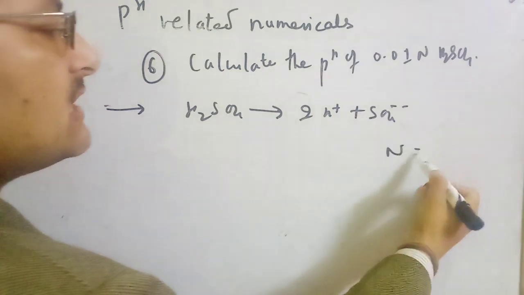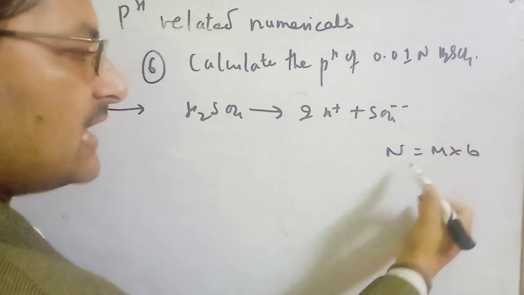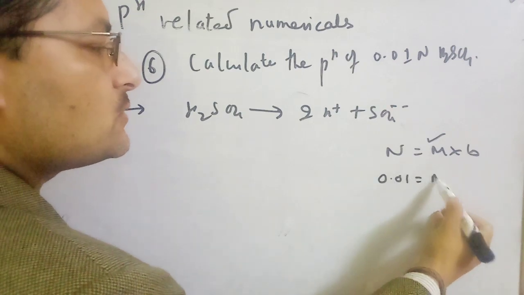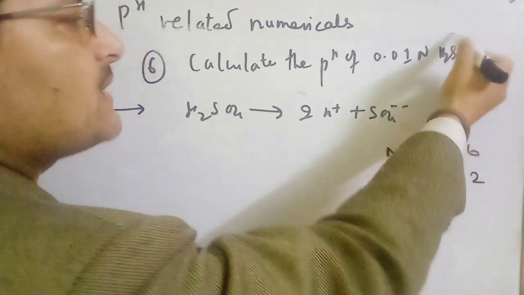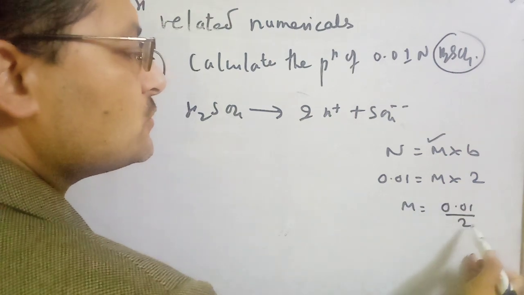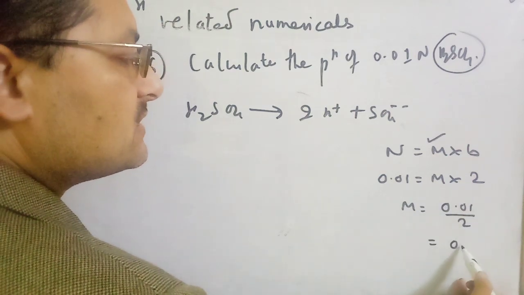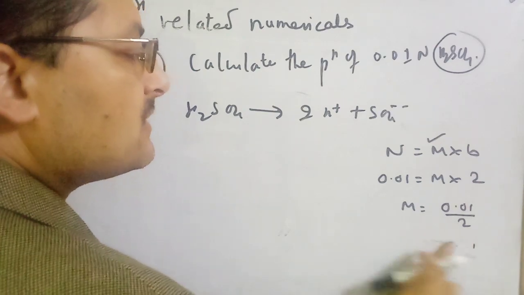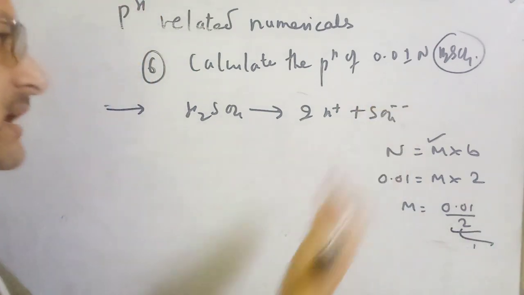So we have normality equals molarity into basicity, and we want to get molarity here. Normality is 0.01 equals molarity into basicity, which is 2 in case of H2SO4. So molarity equals 0.01 divided by 2, that is 0.005. So this is the molarity of H2SO4.